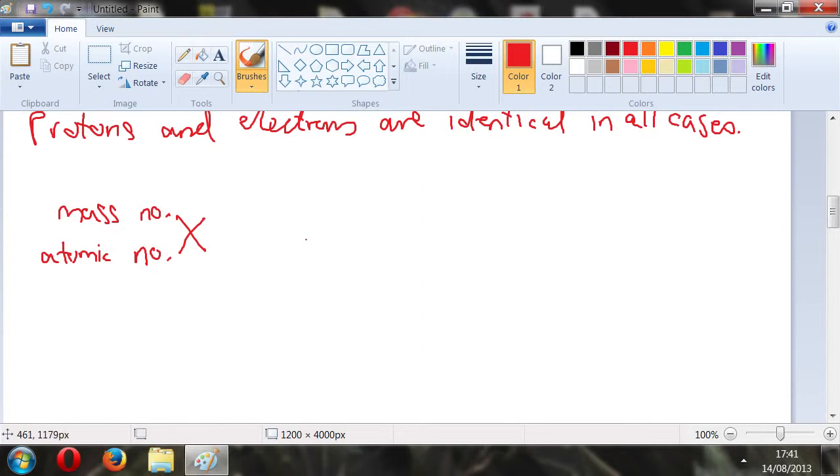So in other words, we can say it's A, Z, and then a big X there.